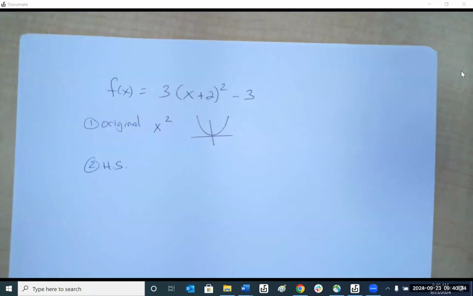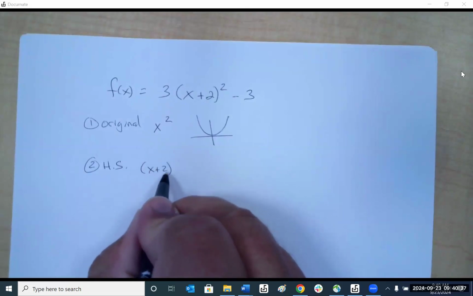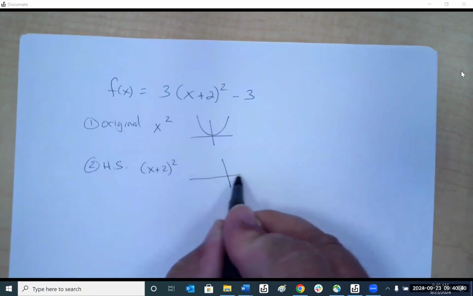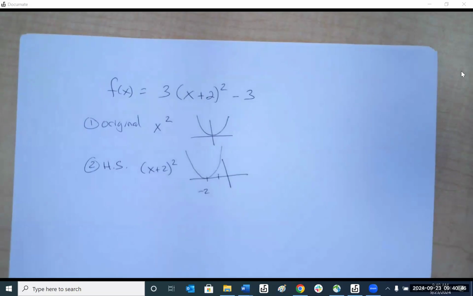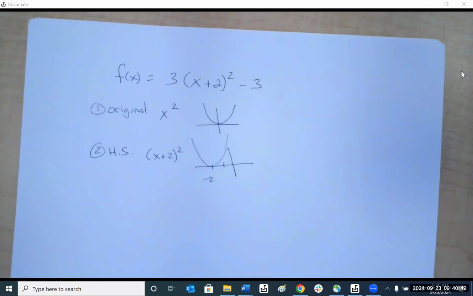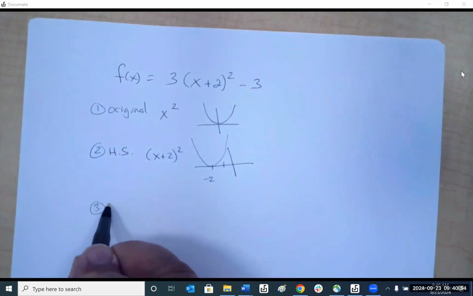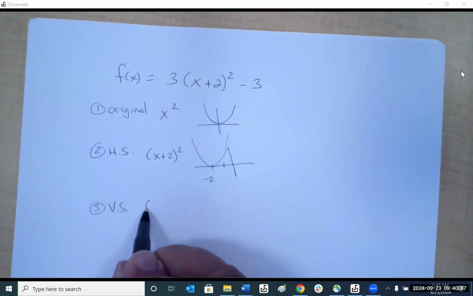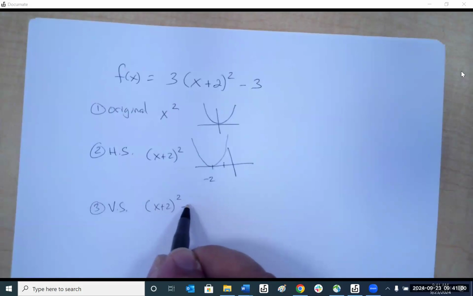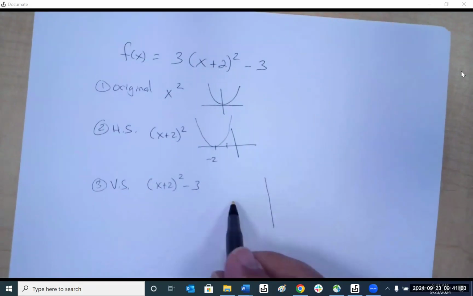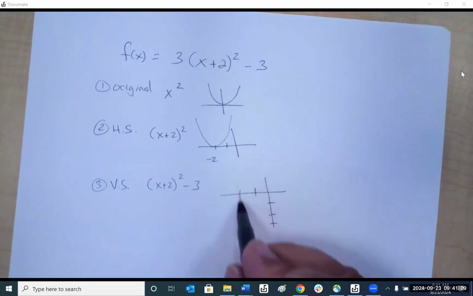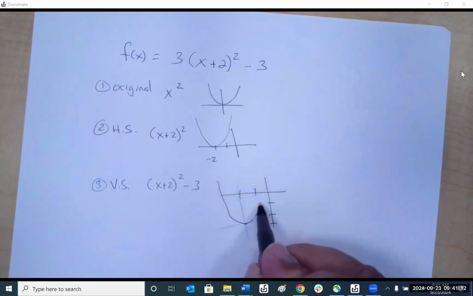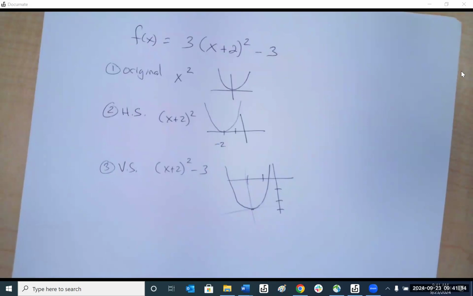Inside the function, we have a horizontal shift. That means I move it 2 spaces to the left. Then I look at my vertical shift. From there, I go down 3. And there's my new origin, but it still looks like the same graph.